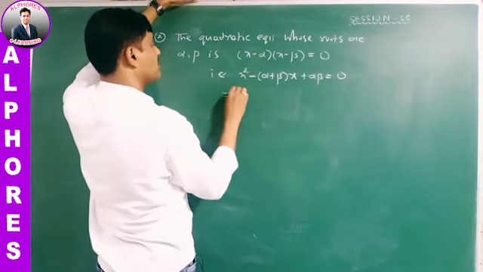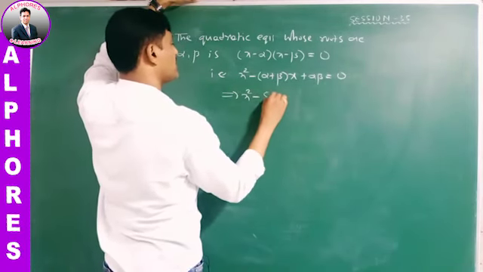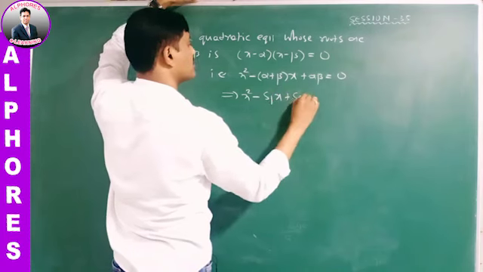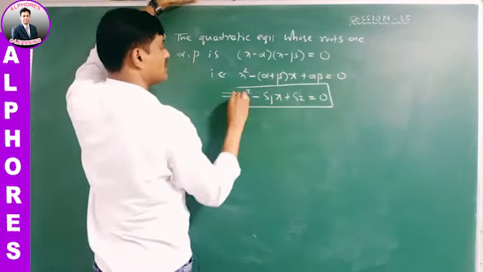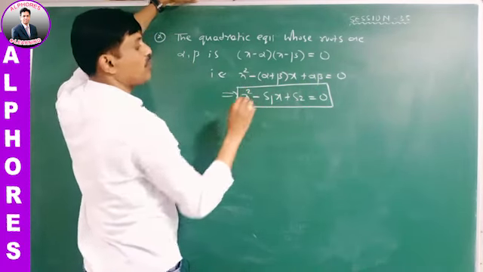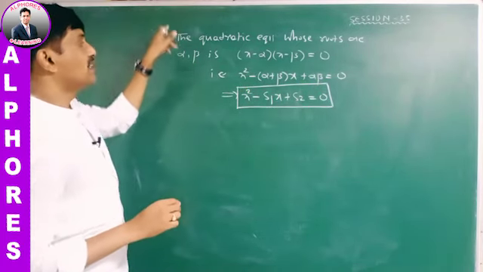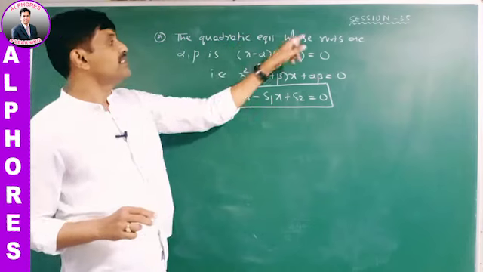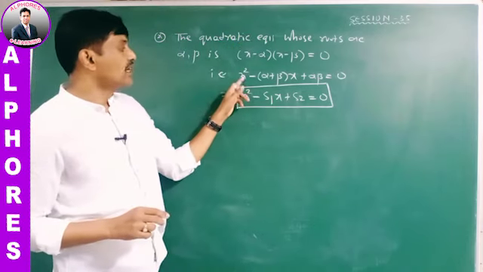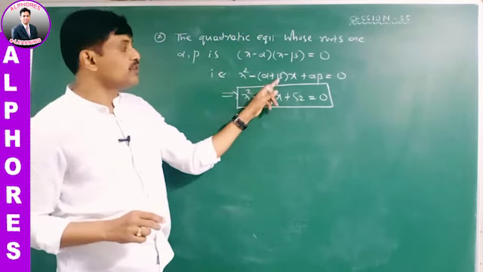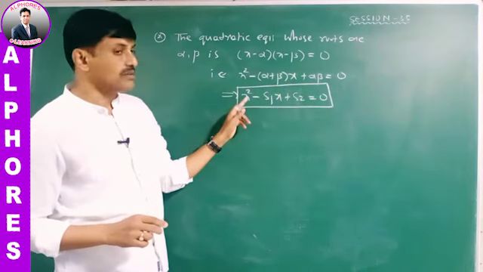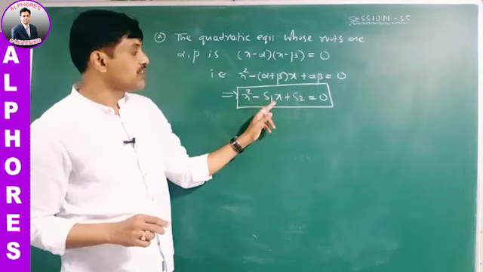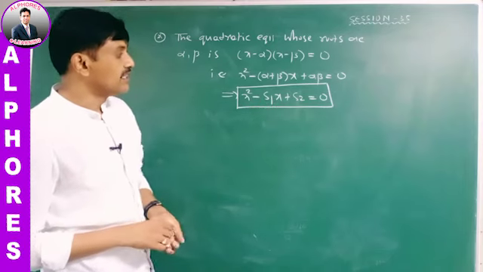This implies x squared minus s1x plus s2 is equal to 0, as s1 is the sum of the roots and s2 is the product of the roots. Therefore the quadratic equation having the roots alpha beta is x squared minus sum of the roots into x plus product of the roots is equal to 0. That is nothing but x squared minus s1x plus s2 is equal to 0.